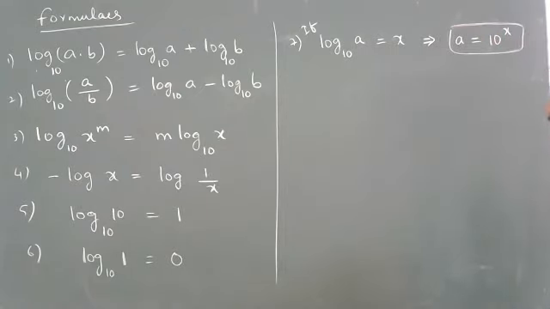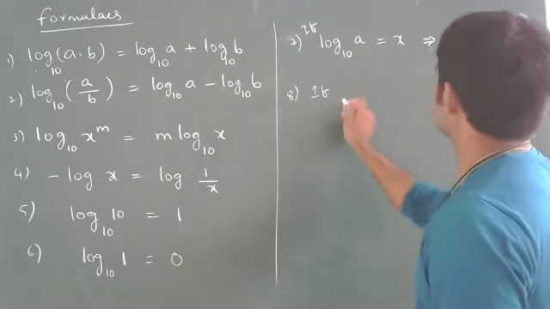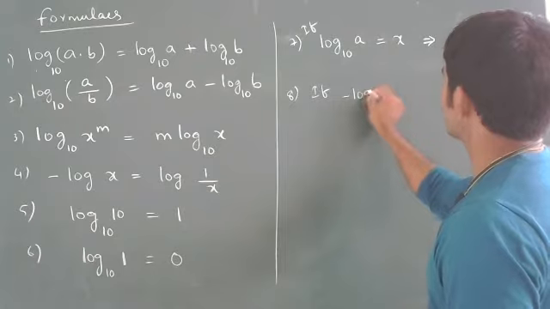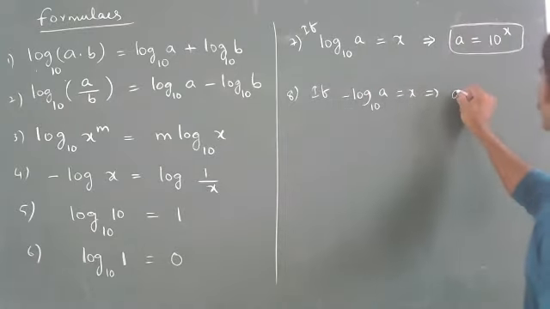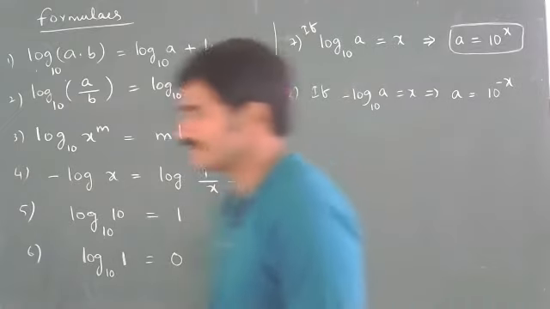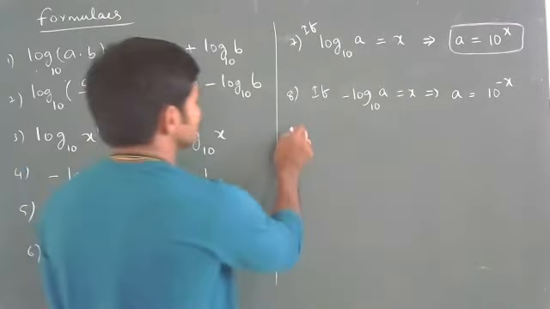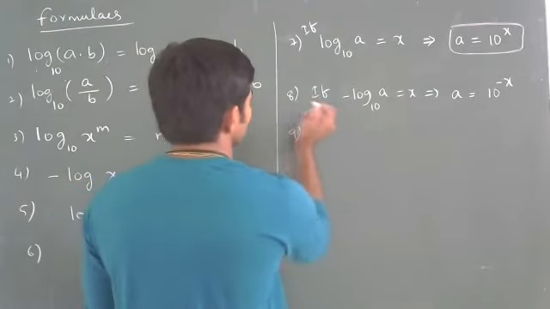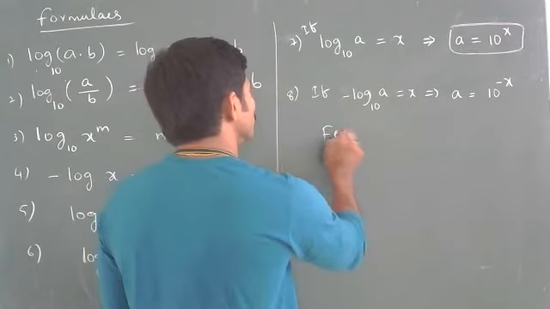If minus log A base 10 is equal to x, then A is equal to 10 power minus x. And some log values you have to remember. Few log values.